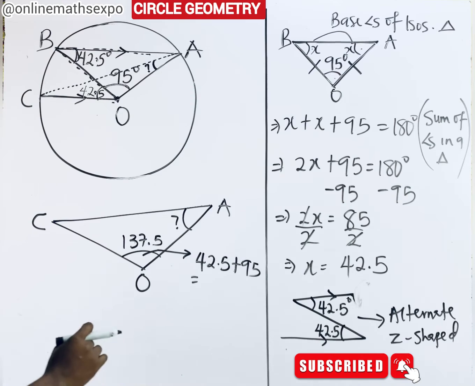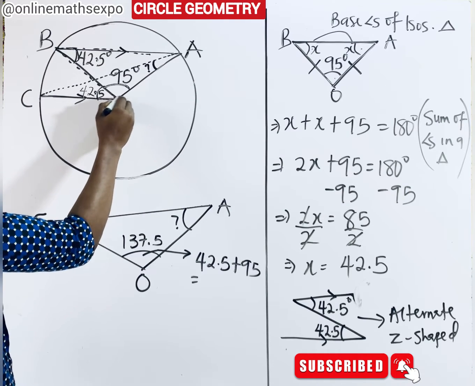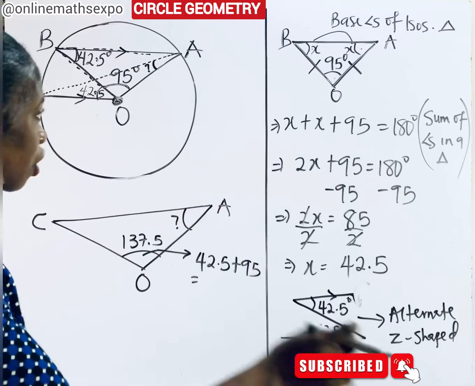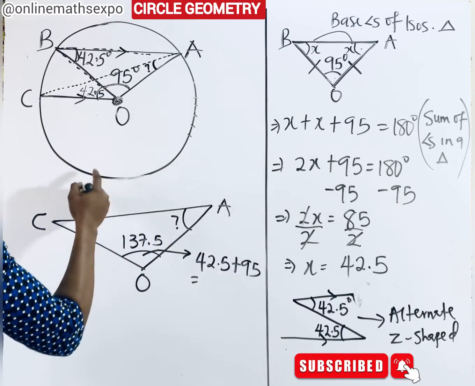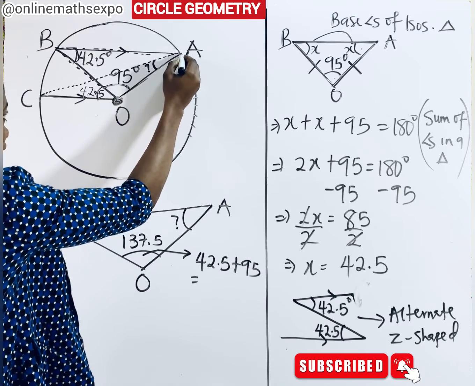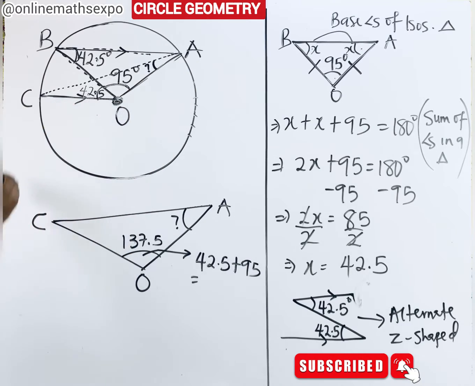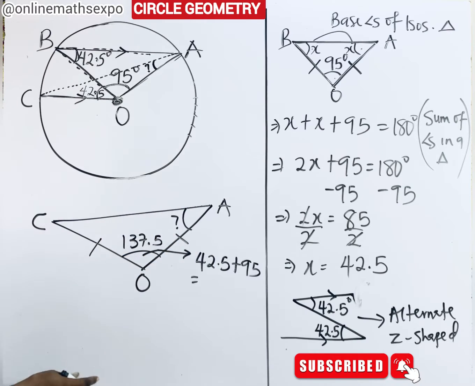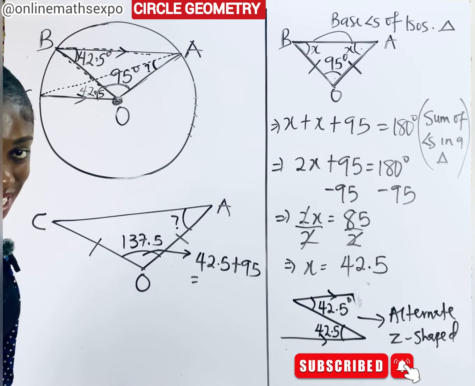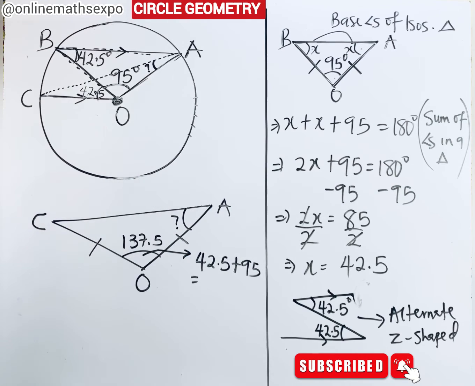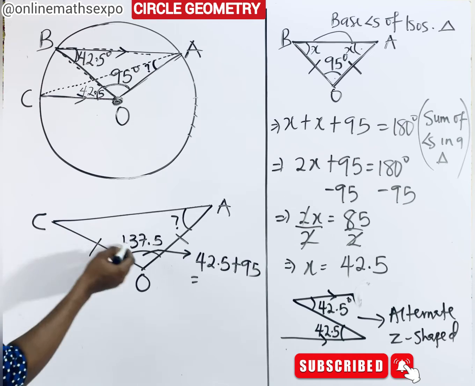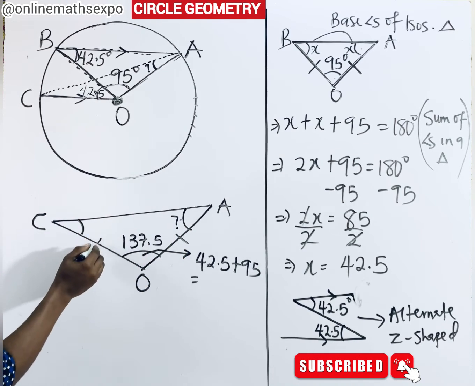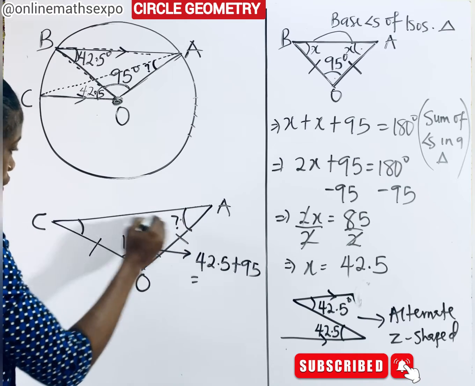Now, how do you get this part? Go back to your diagram. This is your center. Any line that runs from the center touching the circumference is your radius. So here is your radius again, and this one is also your radius. Remember, we said radii are always the same. So it has formed another isosceles triangle, which will help you to find the missing angle. The total angles is always 180. This and this are the same because the two equal sides have equal base angles.